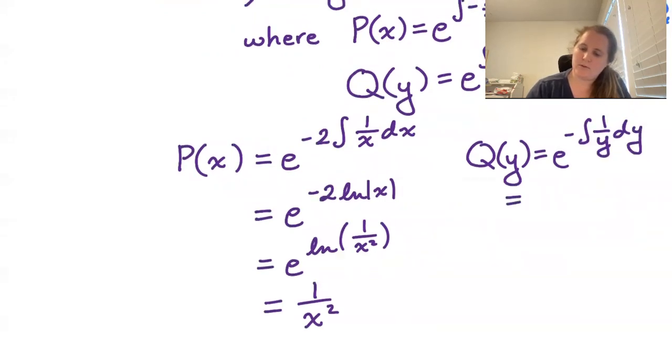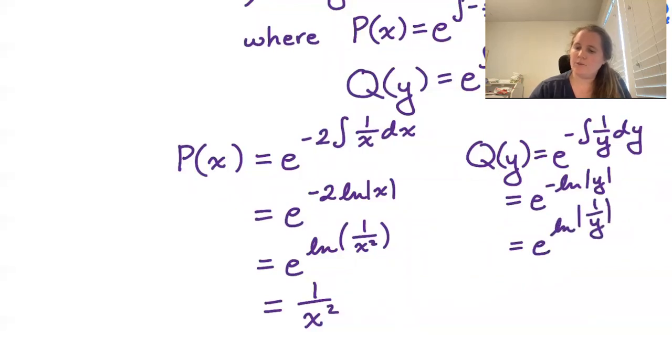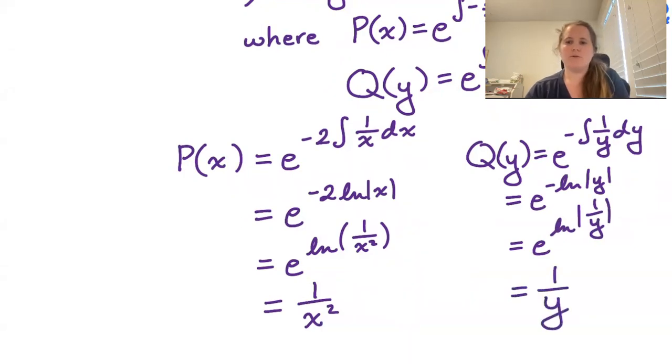Therefore, capital Q of y is e to the negative natural log absolute value of y. And we get e to the natural log absolute value of 1 over y. We are just going to use 1 over y as our function for Q of y.